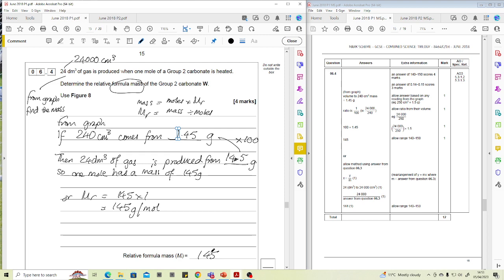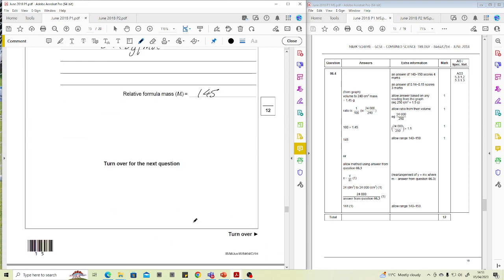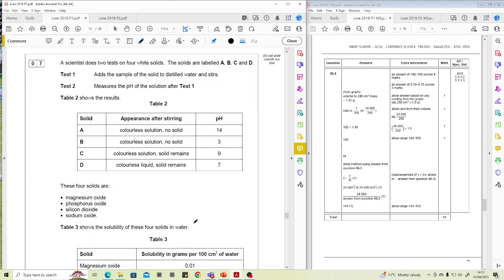Okay. As you can see from the mark scheme, there was an alternative for that, which is just not using the graph, but using your answer from question 6.3.